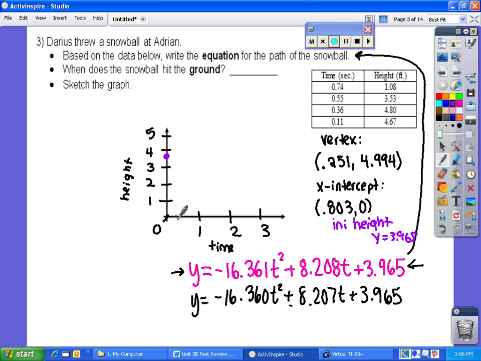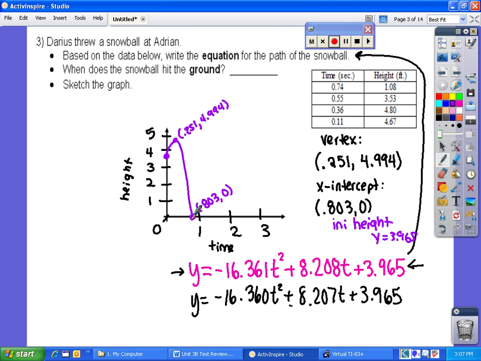So 0.21 is not in the middle. It's more closer to 0. And we'll go all the way up here right before 5. And then 0.803 is right before 1. Okay, now we just connect these 3 dots and there's our graph.